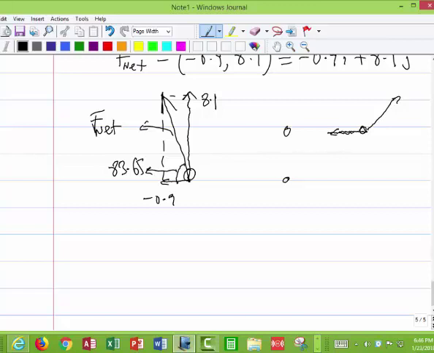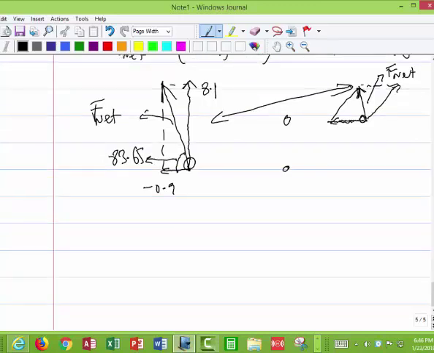Something like this. So that gives you, if you like to draw it, something that will look like that. So your angle should be something here. This is your net force. Okay, so it should be in line with this one. So these two should be the same, as you can see there. It should be something like that. So this is the direction that we are talking about. This direction is about 83 degrees, which is what this is.